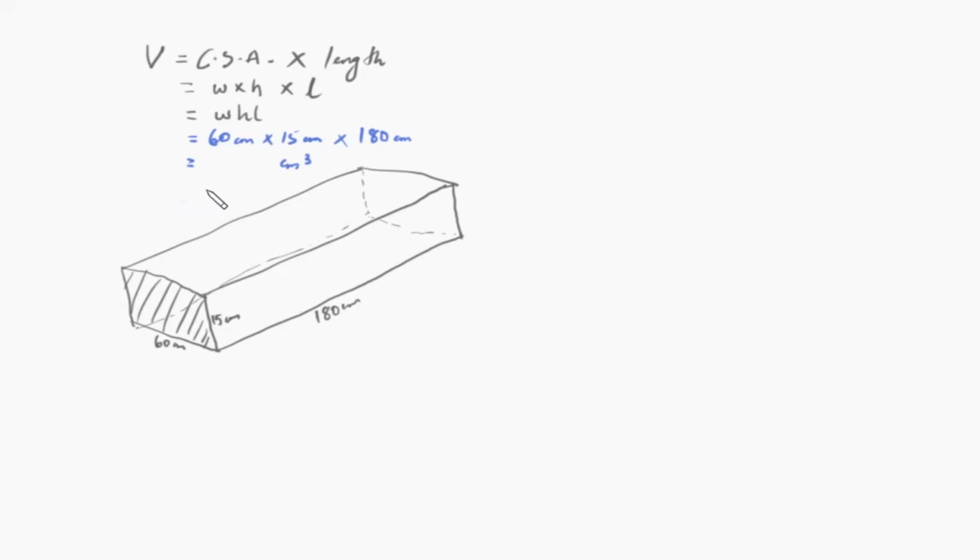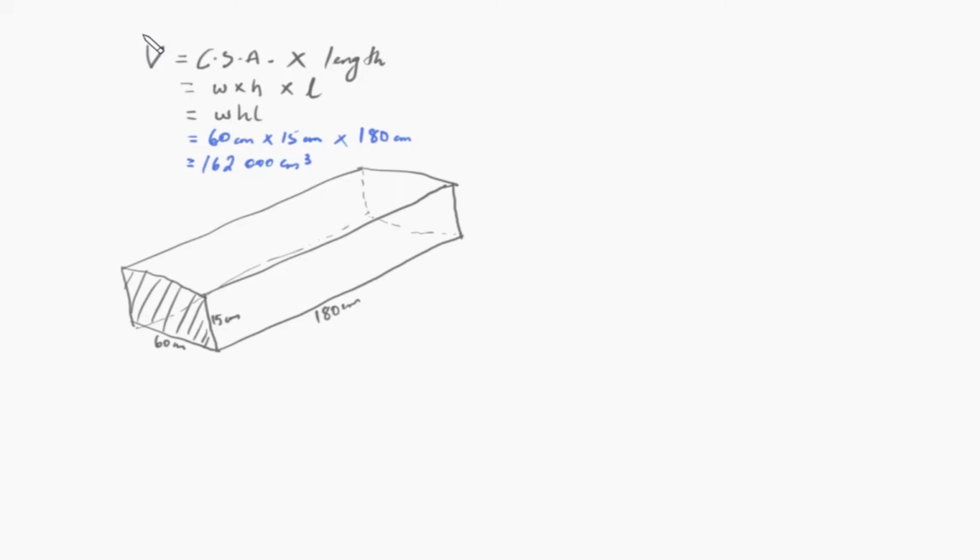Now we multiply the numbers: 60 times 15 times 180. We are going to have 162,000 centimeters cubed. That would be the volume. So this becomes the volume of this shape.